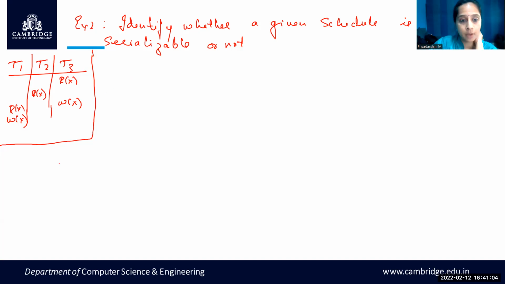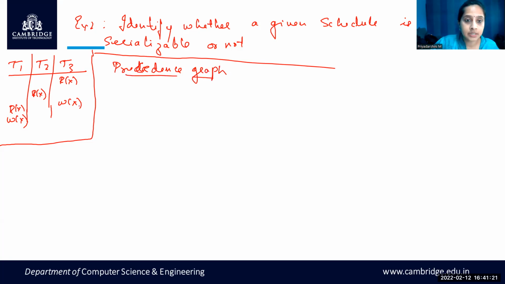So I have these operations. First I have to check the graph, the precedence graph. The precedence graph for the above schedule.